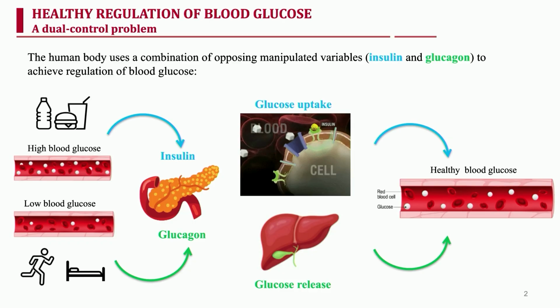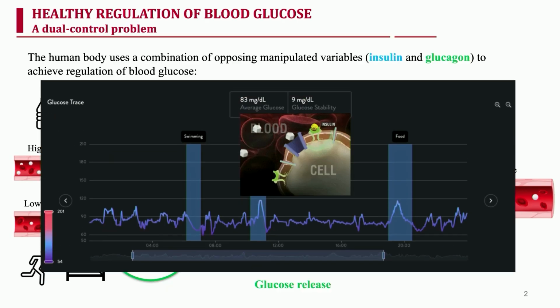So the body uses these two manipulative variables, these actions, to achieve a rather tight glucose control, like you see here in this image. Blood glucose in milligrams per deciliter is on the y-axis and hours on the x-axis.